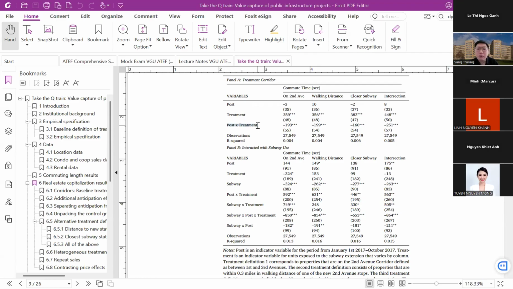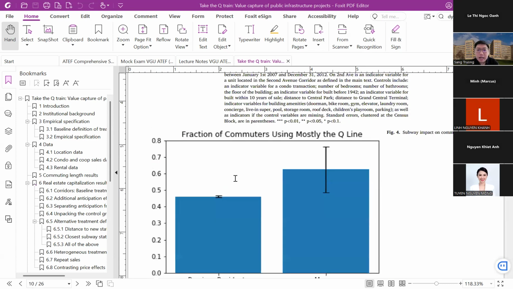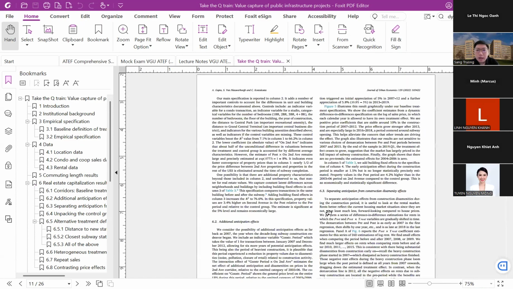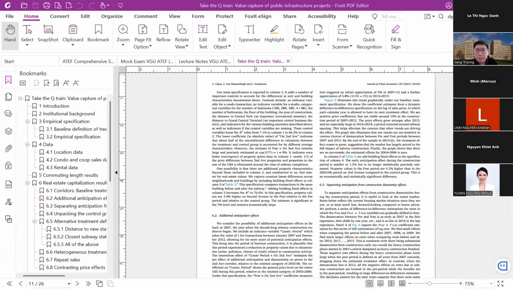And treat times post here basically captures the average value after the treatment. We do not have any dynamics here, right? Are you okay so far? Yes. Okay.